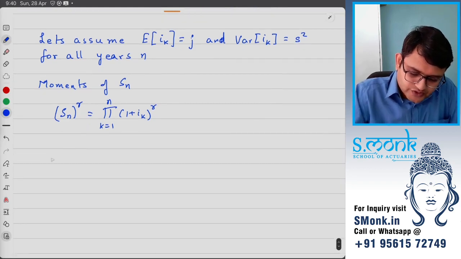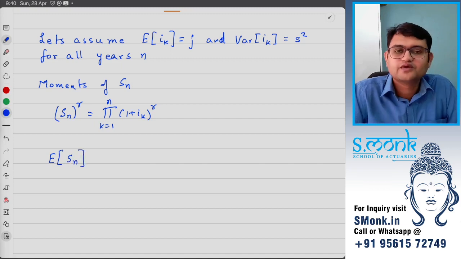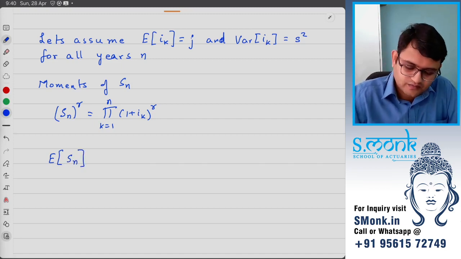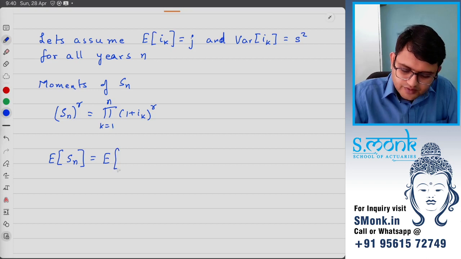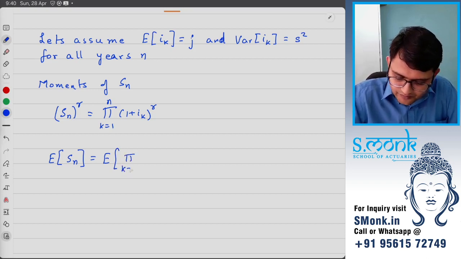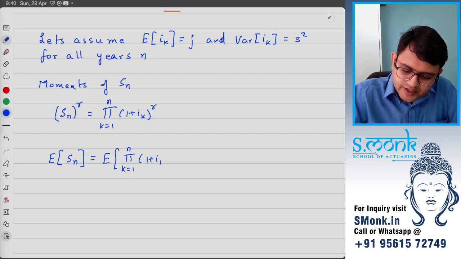So I'll say expected value of Sn, first moment, will just be the expected value of the multiplication, K going from 1 to N, of 1 plus IK.